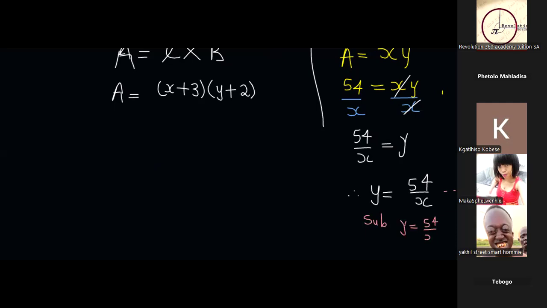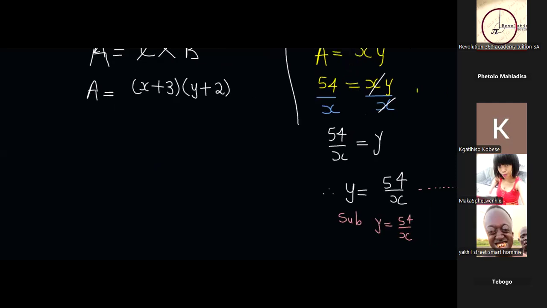And then substitute y is equal to 54 over x into the area, into the what? The area. So the area that we are going to substitute onto, that is the area that we have here. So we're going to have area equals to, now this is x plus 3, you write x plus 3.